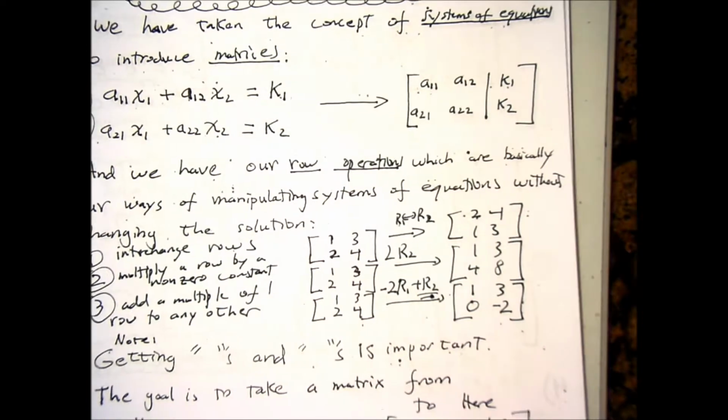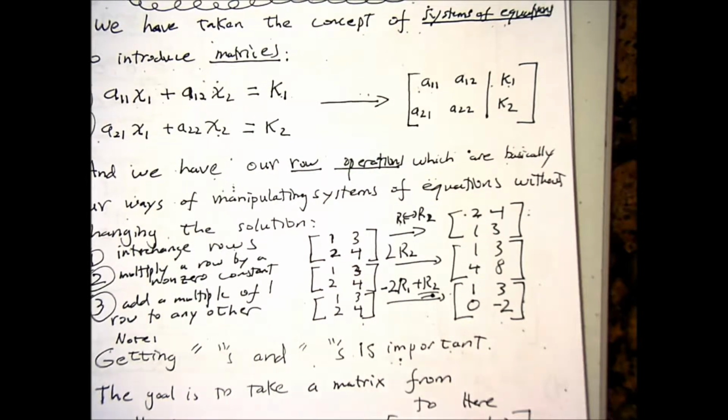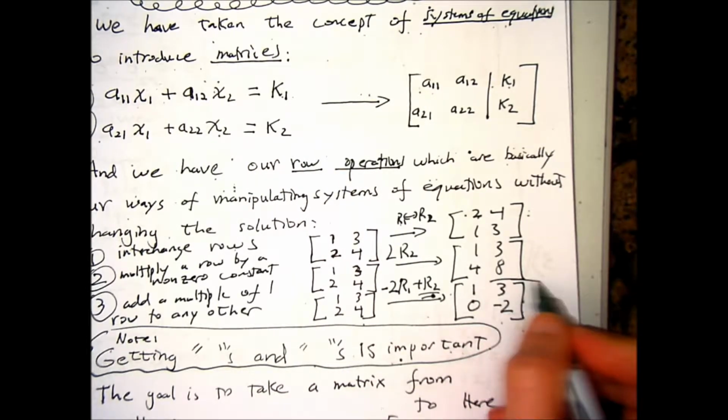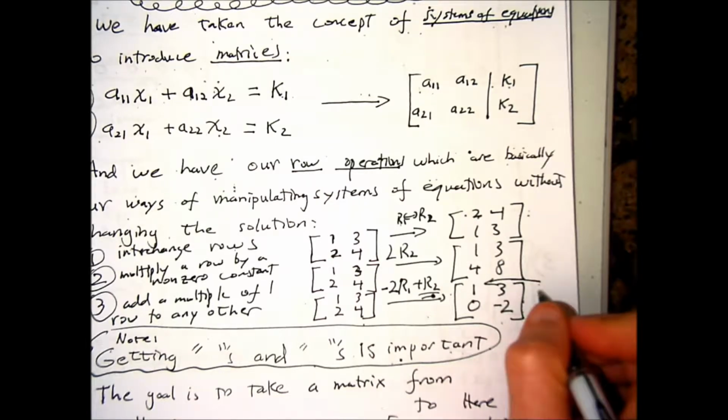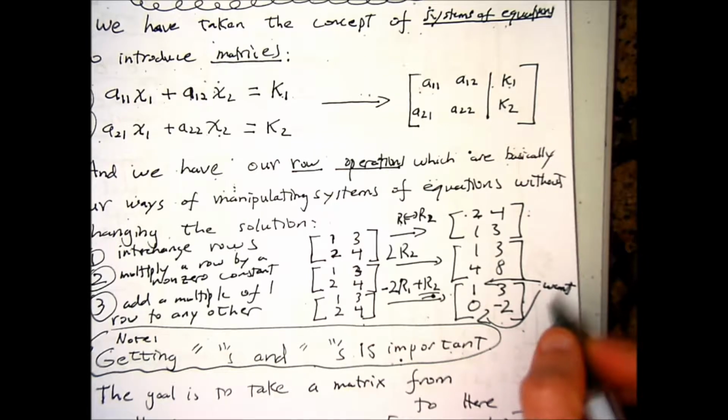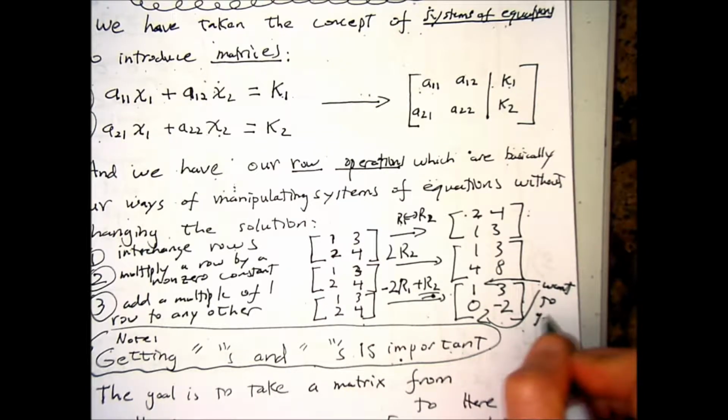So the solution doesn't change. Important thing to notice is right here I have a 1 and I have a 0. I want to get these.